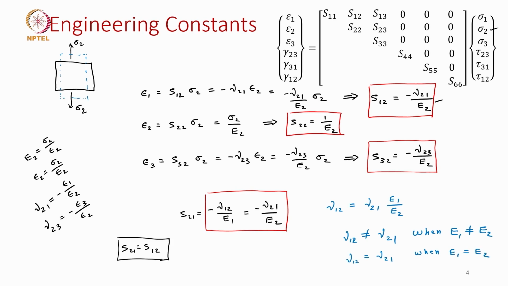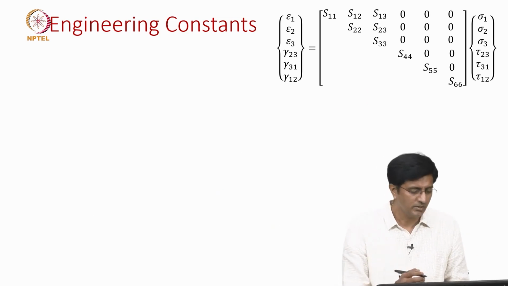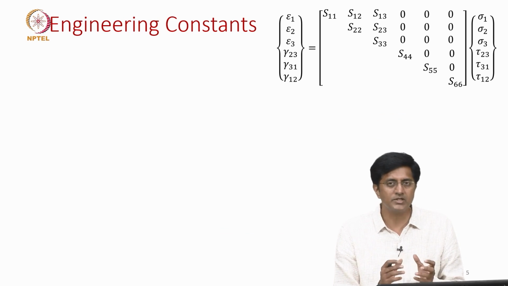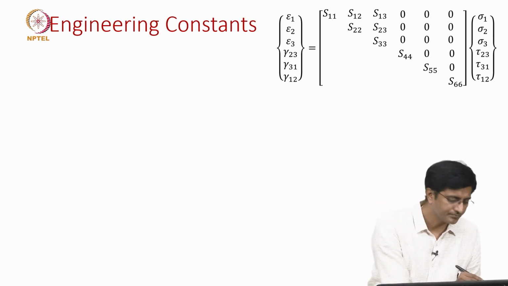Okay. But coming back to our discussion about engineering constants, from this experiment we are able to show you three more components of the compliance matrix. Now, let us move into a different experiment. Now, instead of applying normal stresses, let us say there is a shear stress applied.